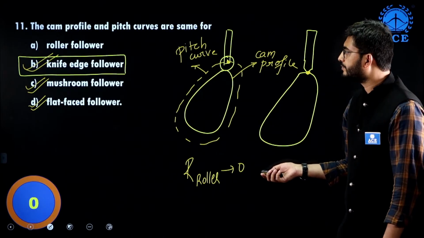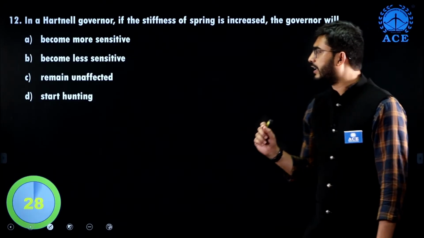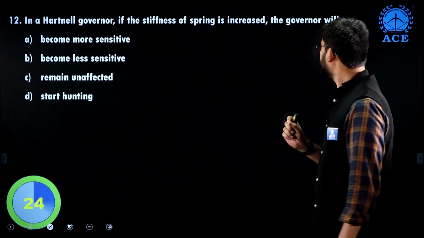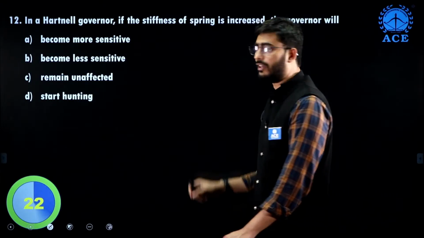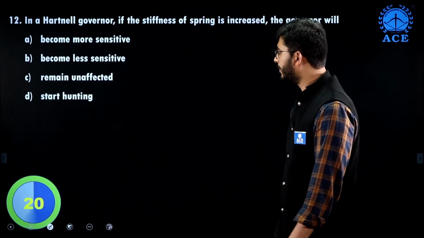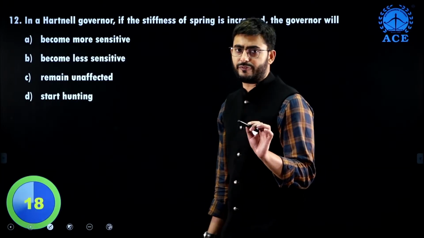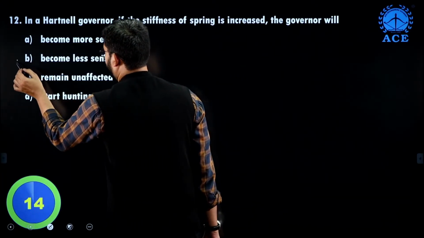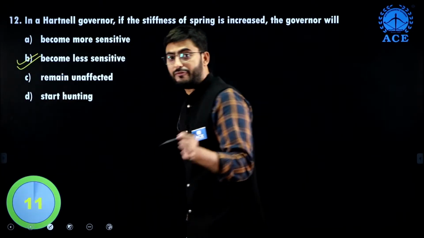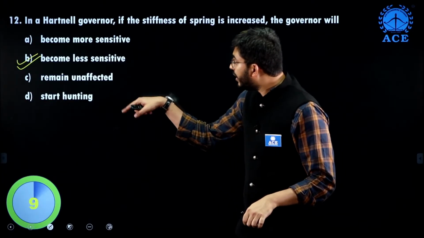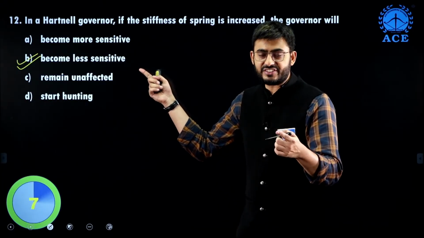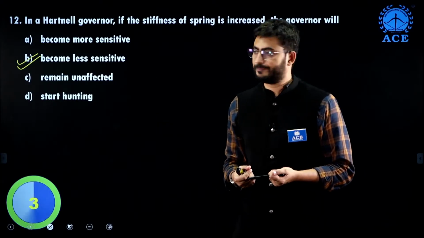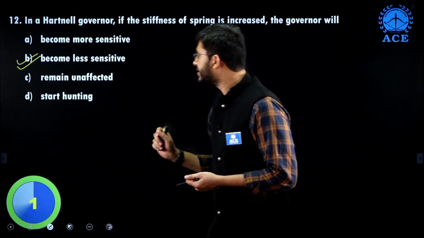Okay. Next one, in the Hartnell governor, if the stiffness of the spring is increased, the governor will become. So when we increase the stiffness, the governor will become less sensitive, because if the stiffness is reduced, the governor will become more sensitive, or the sleeve displacement will be more rapid. Okay, so option B is the answer.